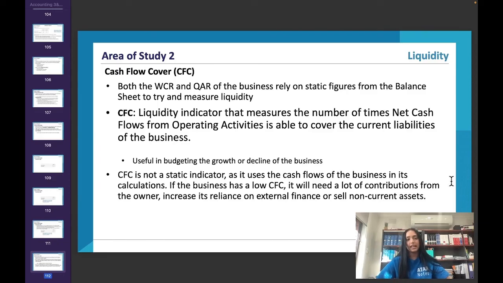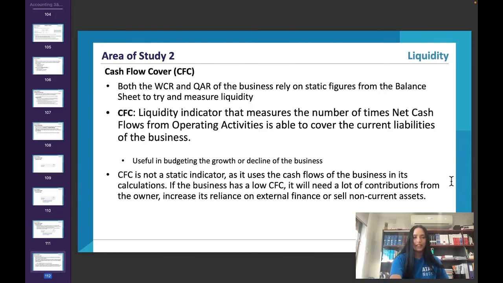So if the business has a low cash flow cover, it means that the business needs a lot of capital contributions from the owner, or it might need to increase its reliance on external finance, or it might need to sell its non-current assets.